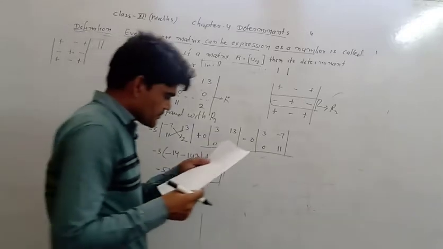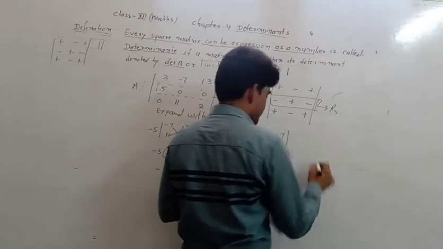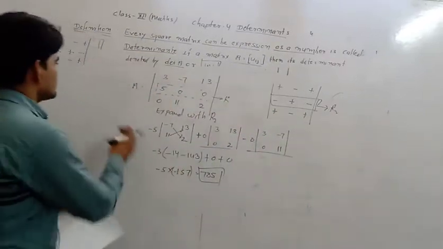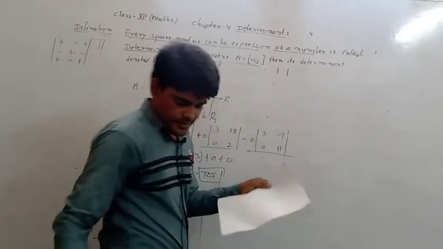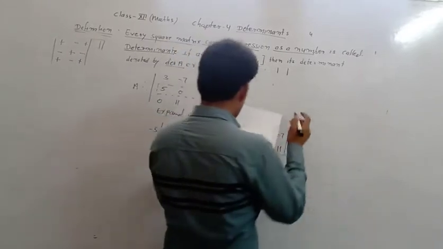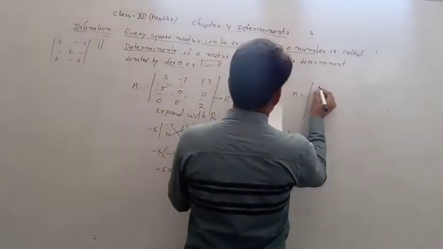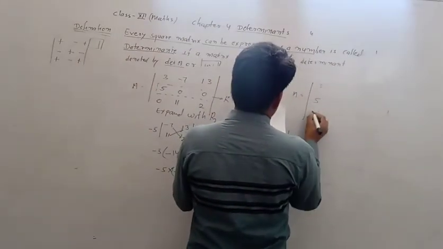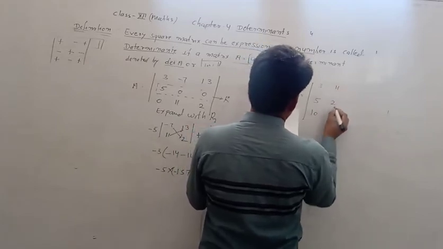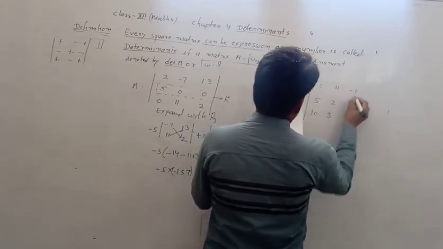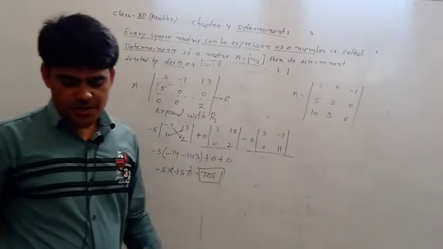Next, we are given a determinant A equals 3, 5, 10, 11, 2, 3, minus 1, 0, 0. Find the value of this determinant.